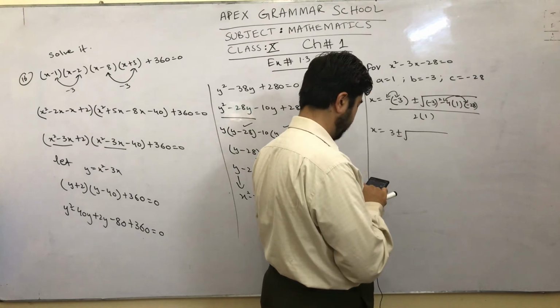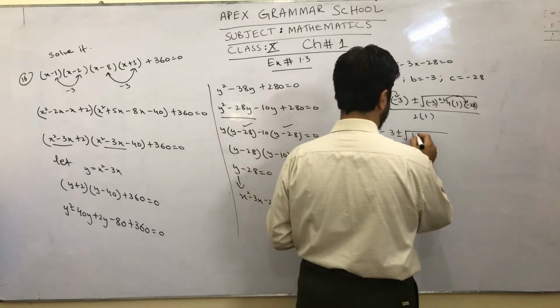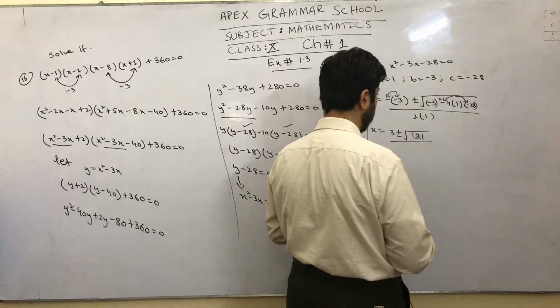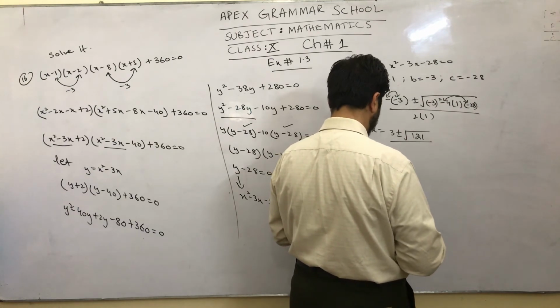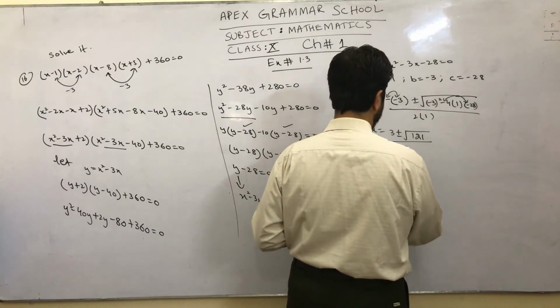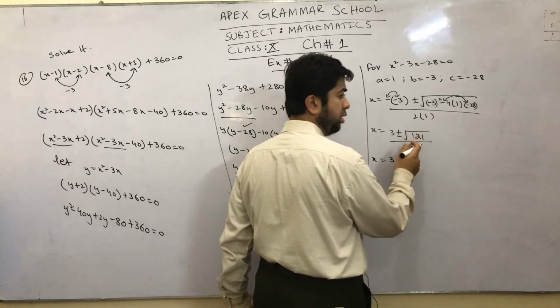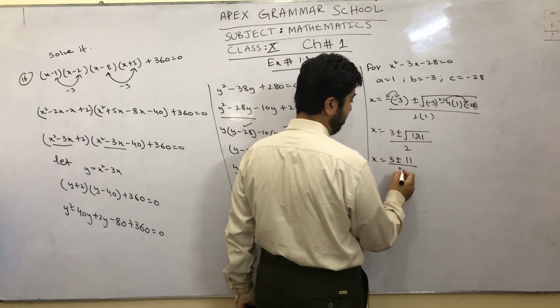9 plus 112, this is 121. Now 3 plus minus, this is 11 divided by 2.